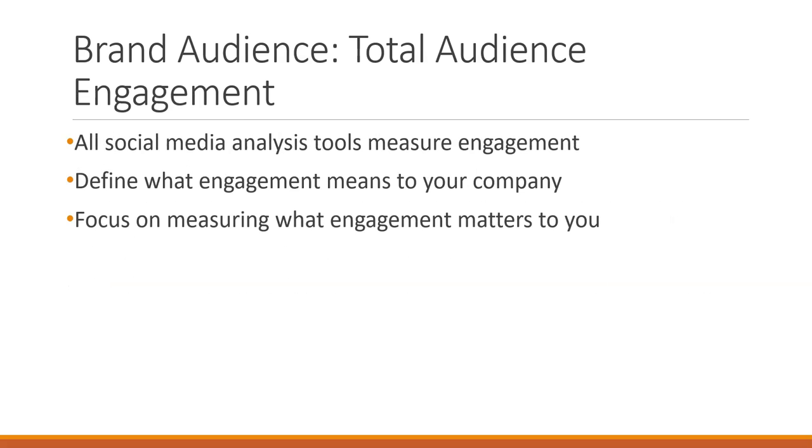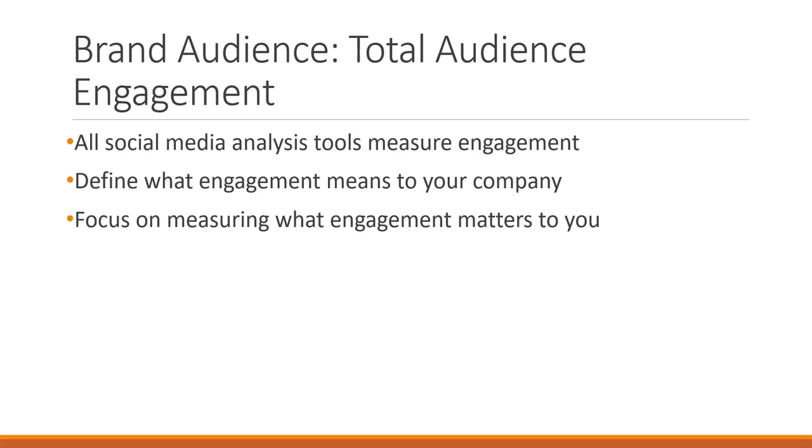And then total audience engagement. So this is a social media tool where we measure engagement. Remember, the main difference between reach and engagement is reach also includes impressions. So how many people just saw what we created versus how many people liked it, shared it, commented on it, which is the engagement measures.